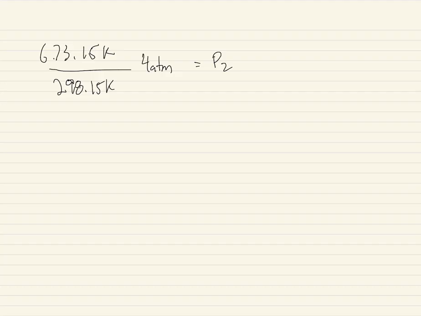What happens to our units of Kelvin? They cancel out, right? Which makes sense because we're left with units of atmospheres, which is what we want because we want a unit of pressure.